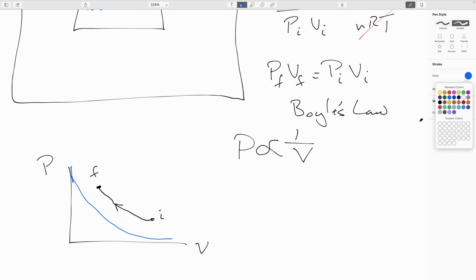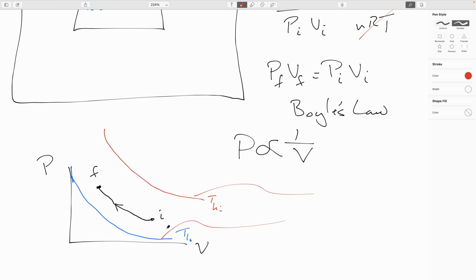And if it were hotter, so we'll say this is a low temperature, it would fall along, say, something like that. And that's because the product of P and V does equal nRT. So if T is higher, the product is higher, which is going to push it up higher. Anyway, these curves here will get called isotherms in our PV diagram.